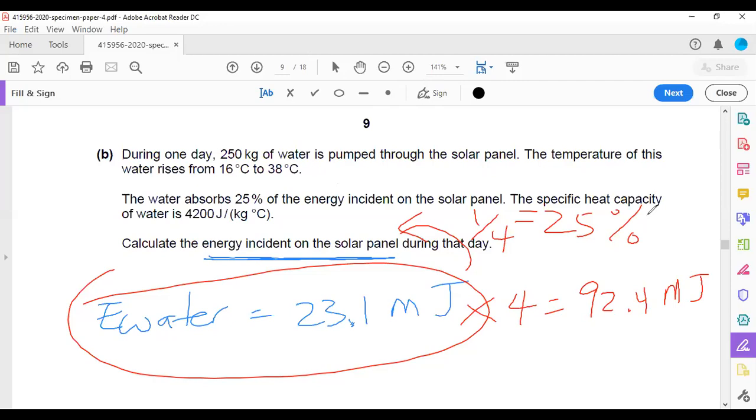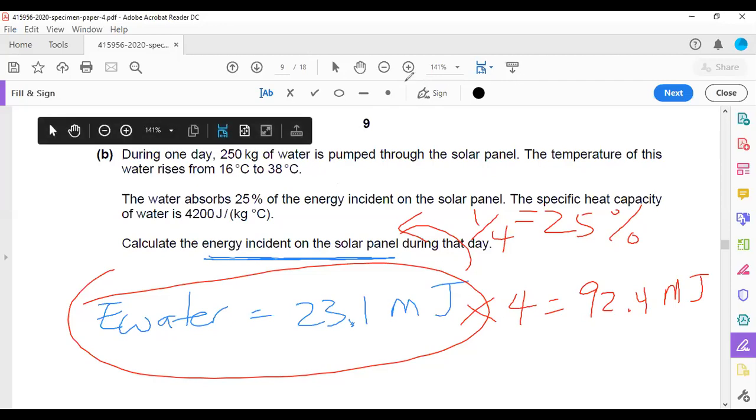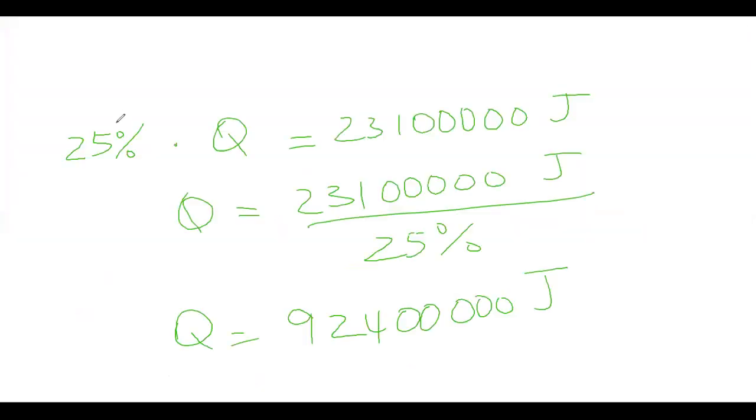Yeah, the divide sign under the 23.1, from here, I'm going to show you. From here means that this value was a quarter of the amount that is coming in, which is 25%, multiplied by the amount that comes in to the solar panel. We don't know that amount, but we know that this whole value here is the amount that goes to the water, because the water gets a quarter of the amount coming from the sun.